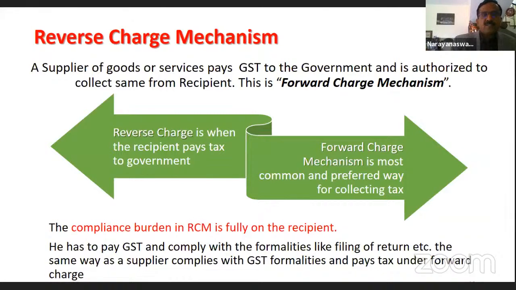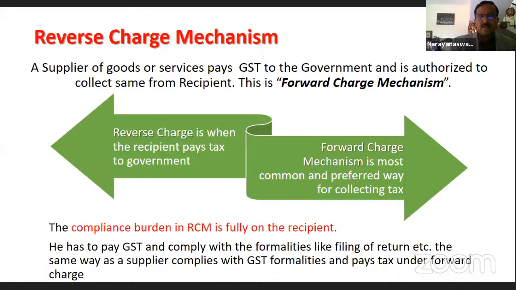This is called reverse charge mechanism. In reverse charge mechanism, the recipient will pay the tax to the government. However, he will also take the amount paid as the input tax credit and use it for future output services, output goods. Only the condition is whenever he pays on the reverse charge mechanism, he has to pay in cash and take it in credit.